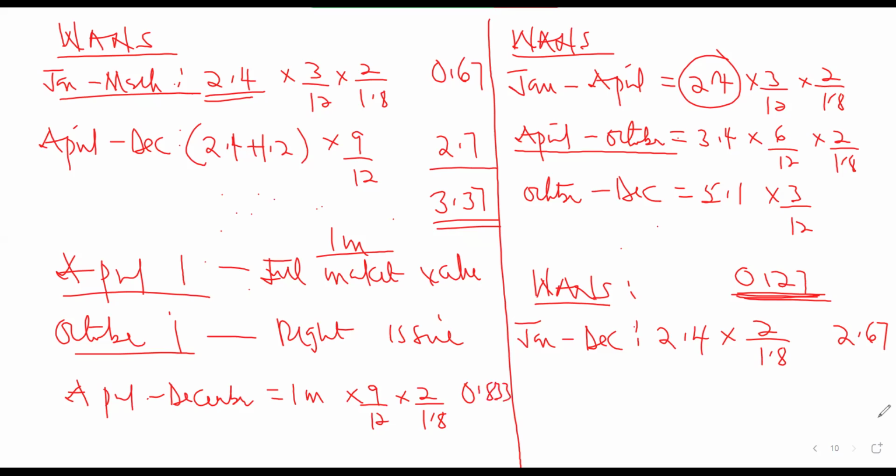The question is, if there is no bonus issue, what would have been the shares for April, the full market value? It should have been 9/12 multiplied by 1 million, isn't it? Yes, that should be it. So what should have been the answer? So now divided by 0.75. So 0.75. Now the value is 0.833. What is the difference?